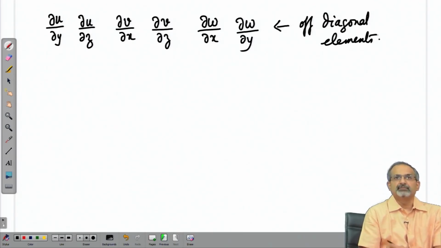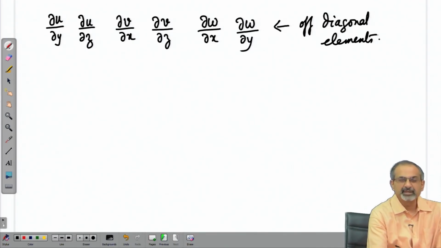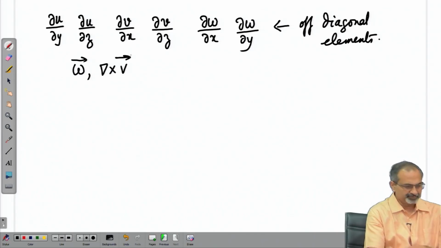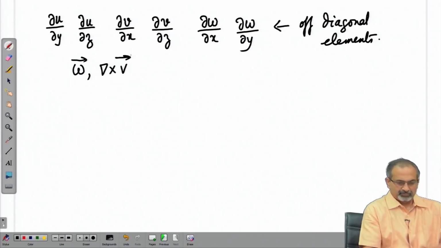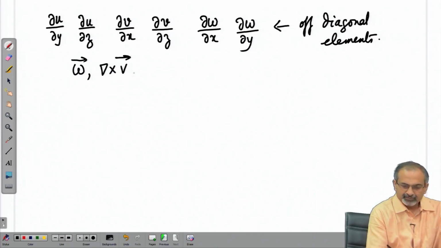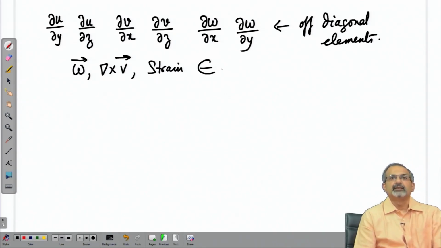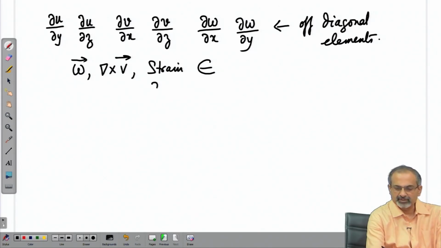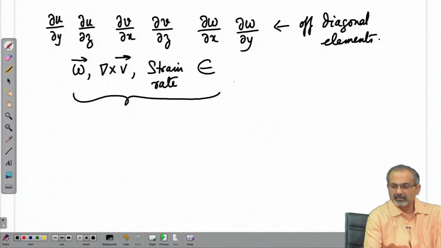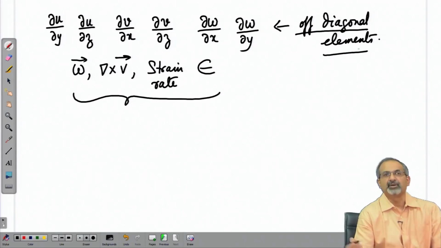Remember that these derivatives are participating in the expressions for omega, curl of the velocity vector, and also in the strain. So, the strain rate you already learnt, it is represented as epsilon. In all these the off diagonal elements have participated.